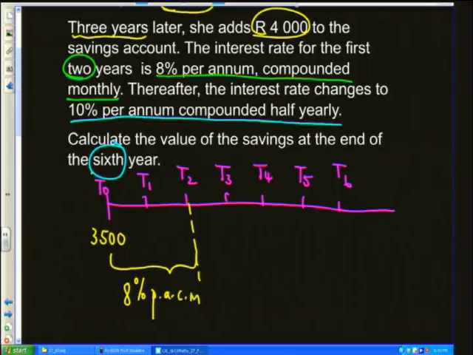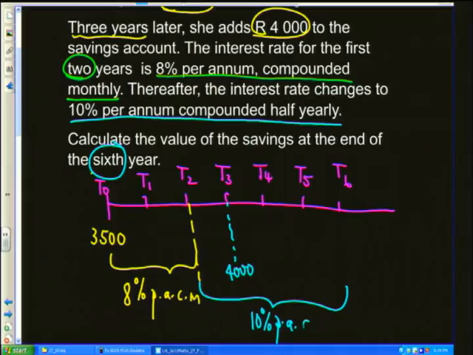And after that, 3 years later, she places an amount over here of 4,000 Rand. And this rate over these 4 years is 10% per annum, compounded half yearly.